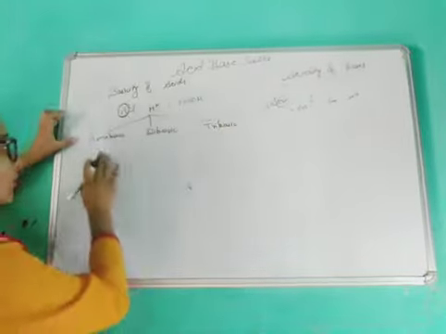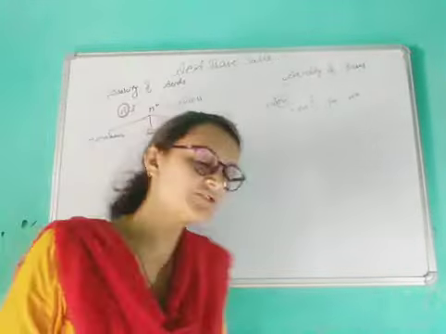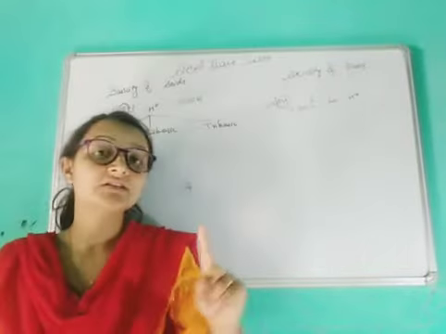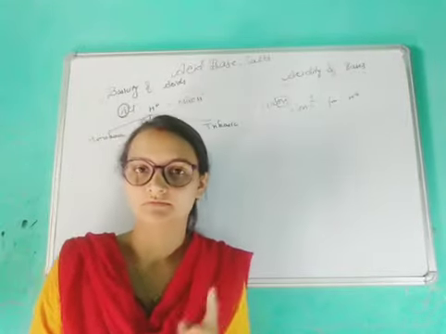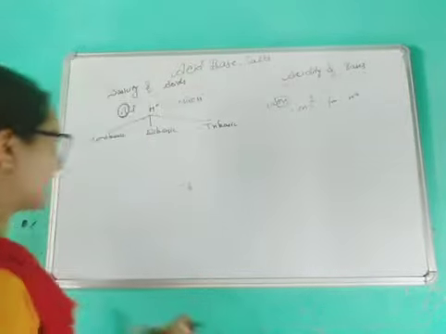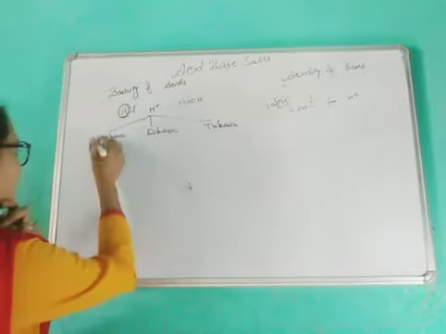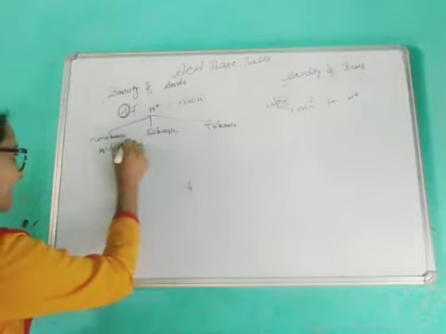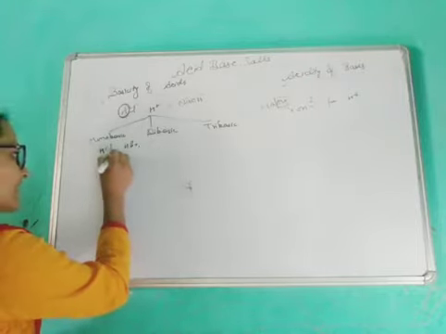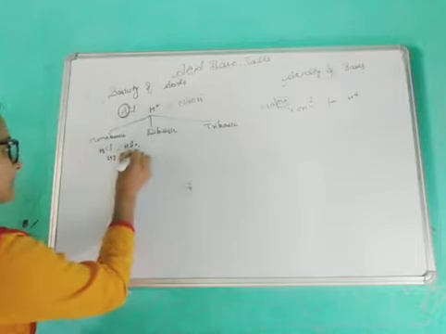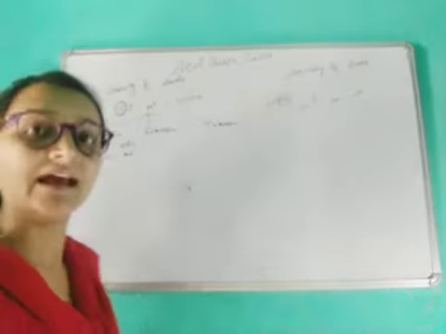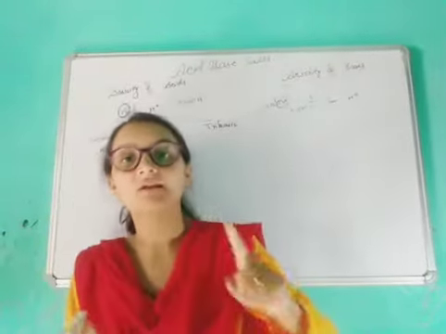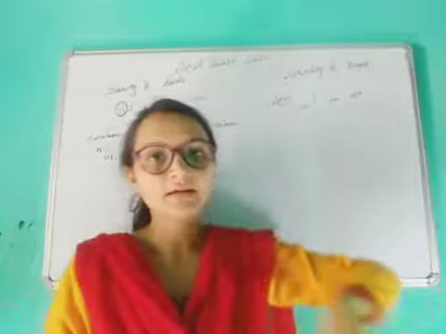Monobasic acids are those which give only one hydrogen, which ionize only one hydrogen. For example, HCl, HBr, HI, HF, any acid having only one hydrogen in one molecule.